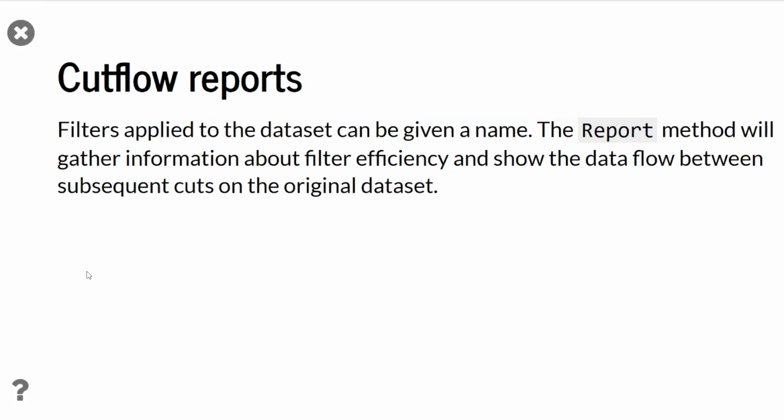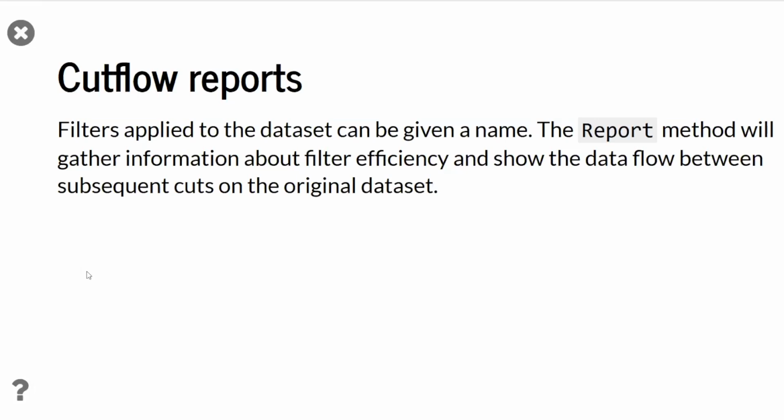Some other topic is again about the selection processes. This is a recurrent theme in high energy physics, of course, and the concept of cut flow reports. So sometimes you want to get a nice representation of how your filters affect the dataset that you're manipulating.